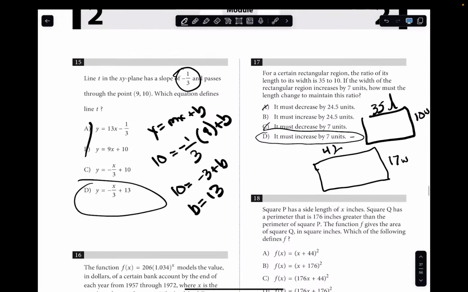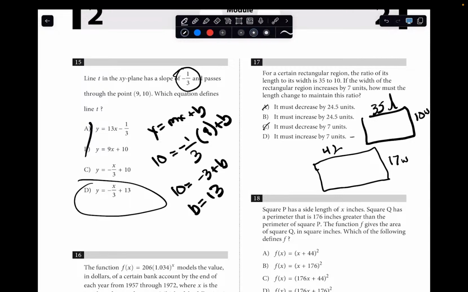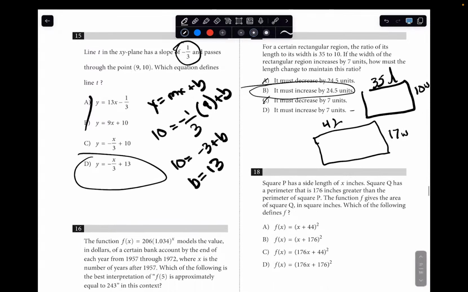Oh, let me double check. I don't have a calculator on me. Oh, proportional. Yeah, it's B. My bad. This is what happens when you don't have a calculator. Like you can check yourself, right, to determine the area and then to see if proportionally they're the same.